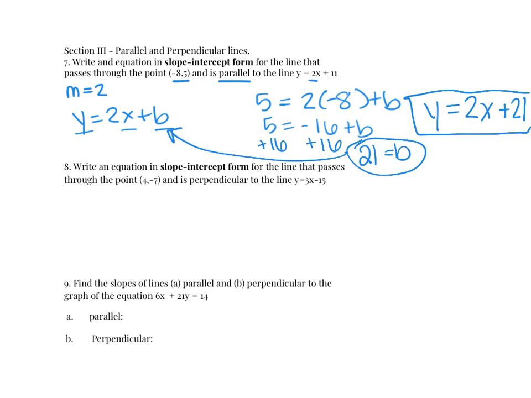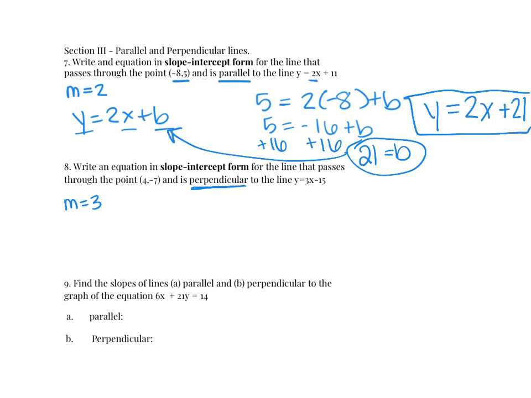You're going to go ahead and do the exact same thing for 8, the exact same process, but you just need to make sure that you're using your opposite reciprocal slope because this is a perpendicular line. So I'm going to look at the equation they gave me, and that's y equals 3x plus or minus 15, and that slope is 3.